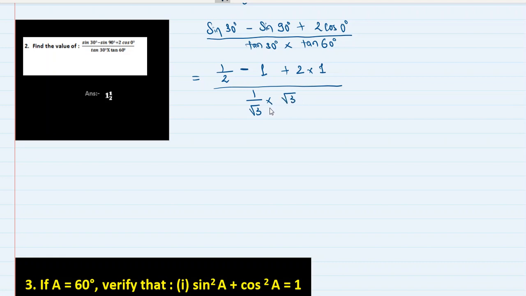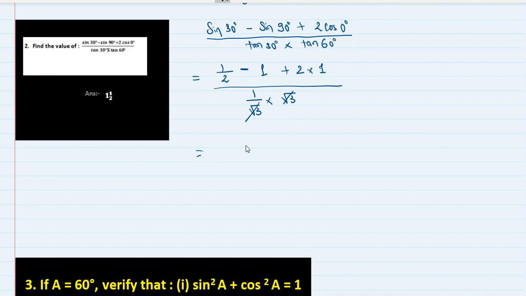If you have your table in front of you, you will be surprised that I've already memorized all the trigonometrical values of the standard trigonometrical ratios. So that's how it should be with you also, but that will require a lot of practice and some time. Okay, so root 3 gets cut.